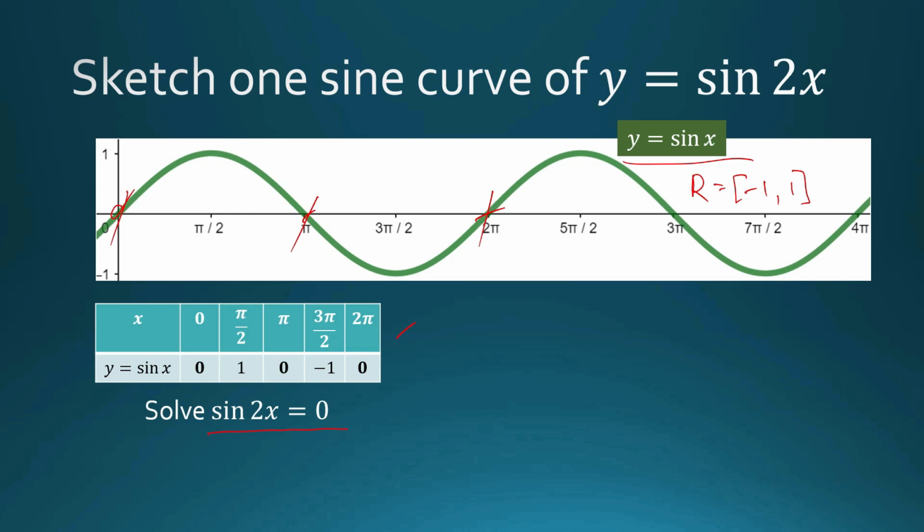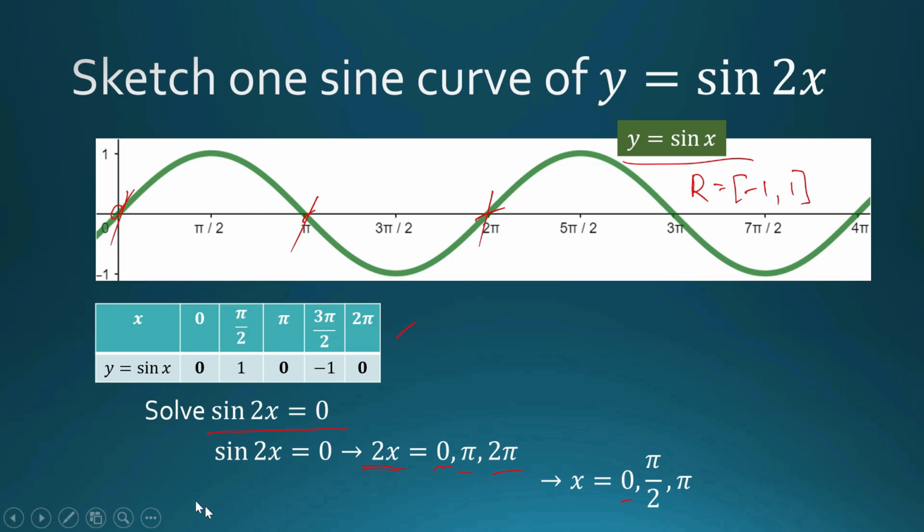Well, it's going to be equal to 0 when 2x, this whole thing, is equal to 0, pi, and 2 pi. Because sine of 0 is 0, sine of pi is 0, sine of 2 pi is 0. So what then is the value of x? We divide them by 2. So x is equal to 0, pi over 2, and pi.